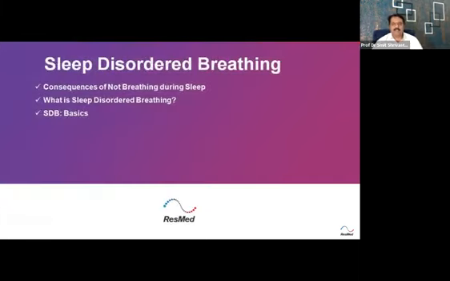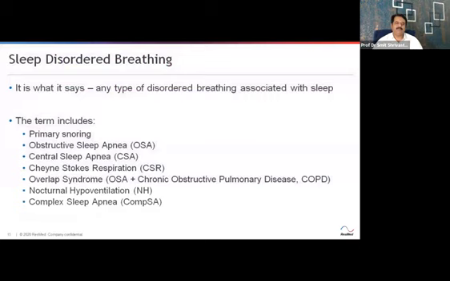So sleep disordered breathing is not a consequence of not breathing during sleep, that is apnea during sleep. The basic point is that it is any type of disordered breathing associated with sleep, and it is an umbrella term for many things. It is primary snoring, which may be innocent. It can be obstructive sleep apnea, it can be central sleep apnea where the stimulus does not work.